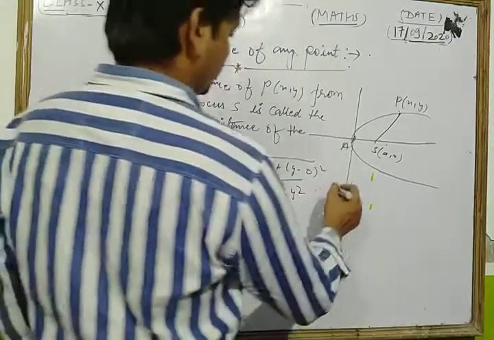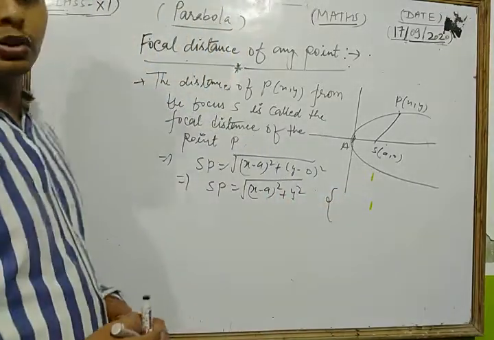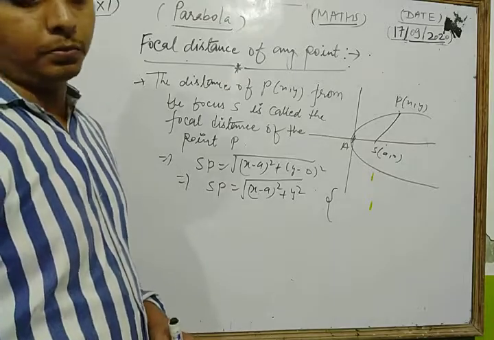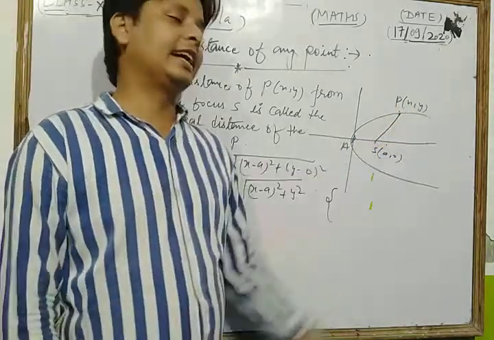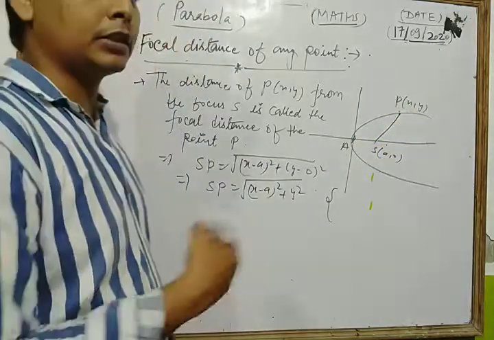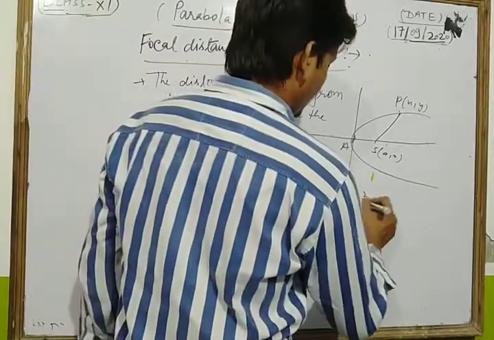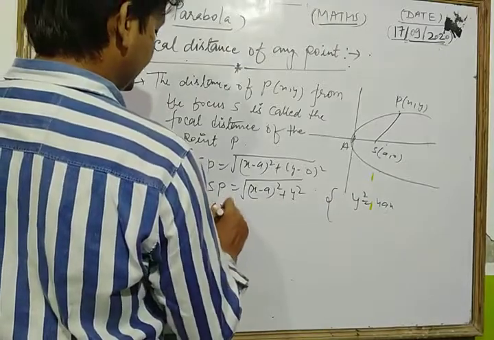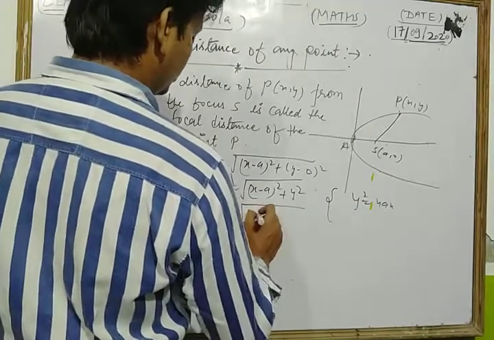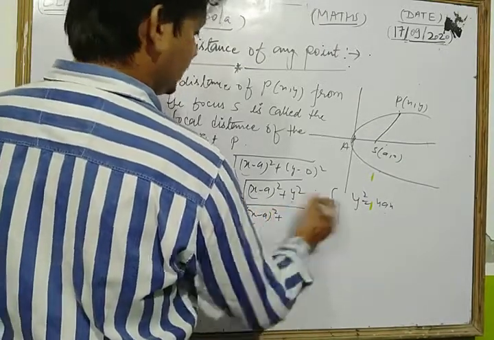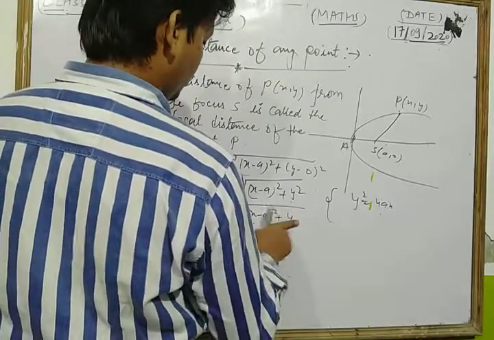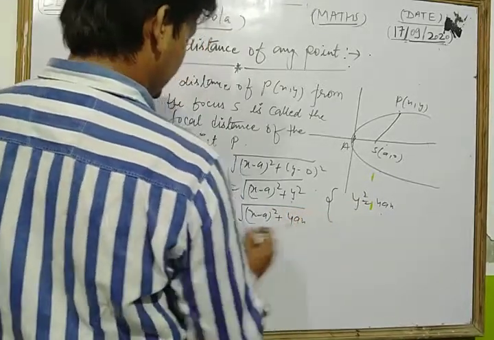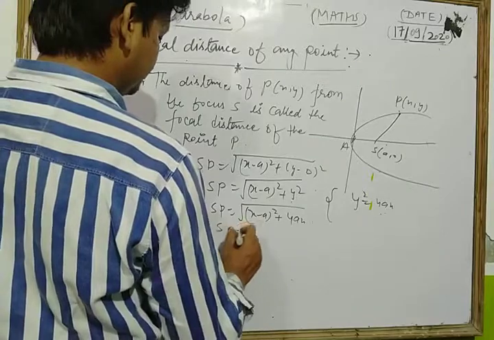Since the point P(x, y) lies on the parabola, it must satisfy the equation y square is equal to 4ax. So we put y square is equal to 4ax, and we get SP is equal to the square root of (x minus a) whole square plus 4ax.